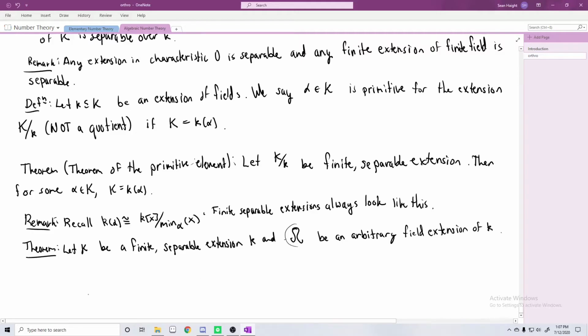Okay, and essentially the theorem tells me the structure of the tensor product here. Then K tensor over little k with omega.